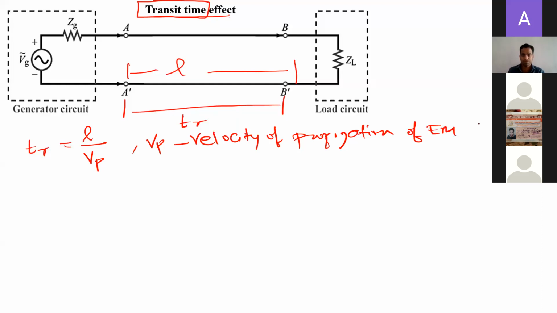Remember? Yes, sir. And what is the upper bound for this velocity? The EM wave can travel maximum at what speed? 3 into 10 raised to 8. Yeah, so the upper bound is c basically, right? So Vp is less than or equal to c, right?